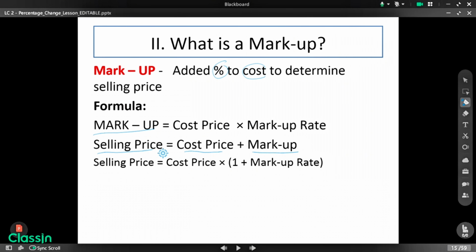Or we can use selling price equals cost price multiplied by the sum of 1 plus markup rate. Where did we get 1? Because of the 100%, meaning the cost price, and then your markup rate. So it is the combination of these two.